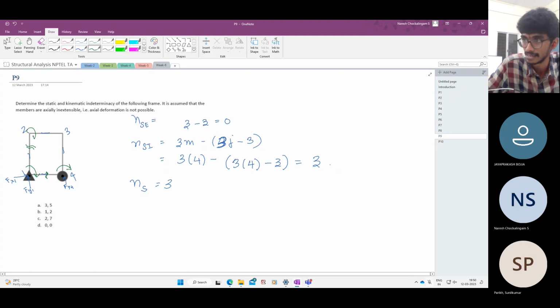Can it rotate? Yes. Can it move horizontally? Yes. At this point, can it move horizontally? Yes, but it is equal to the horizontal displacement of the point 2. So it is not an independent degree of freedom. Can it move vertically? No, this is inextensible, but it can rotate. So we have 1, 2, 3, 4, 5. So nk is equal to 5. So the answer is 8.